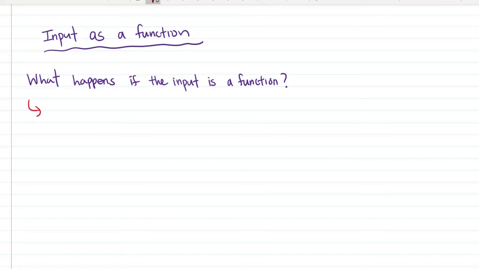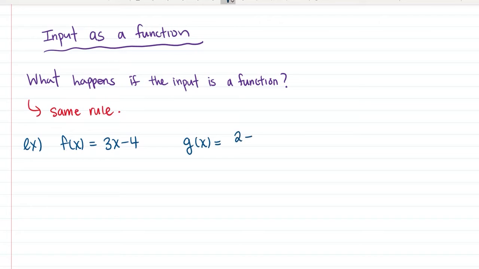The same rule will apply. We're going to replace every x in the equation with the input function. Let's say you have f of x is 3x minus 4, and another one, g of x, is 2 minus x over 3 plus x. The question is, what would be the output when you have g of f of x?